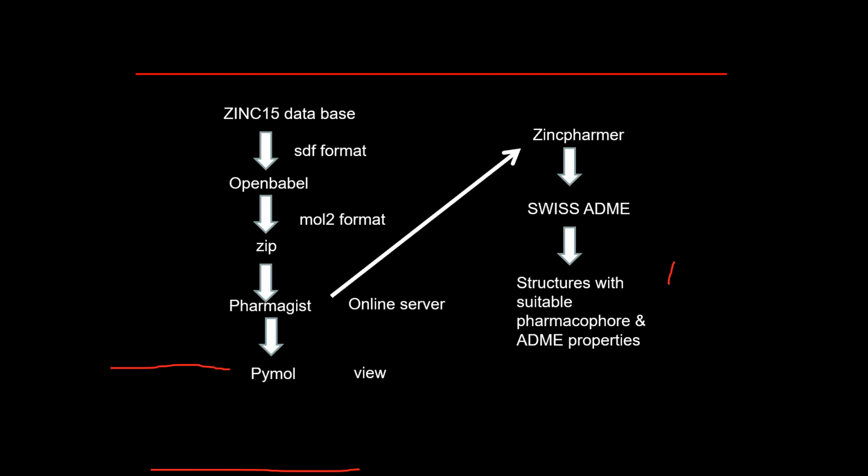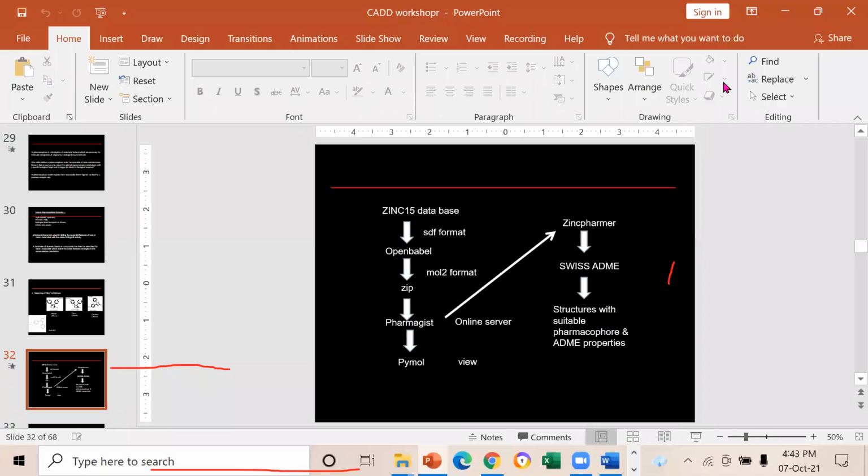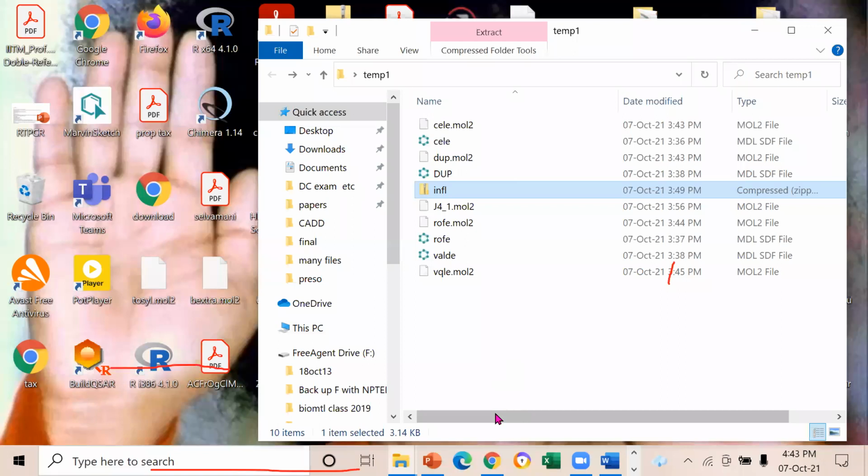ZincPharmer can help you scan the ZINC database and find out whether there are any other molecules with this particular pharmacophore feature. So you may come up with some new novel molecule with that feature. That's the advantage of that. Okay, so we'll go to the second part of it, called ZincPharmer, which just does the job.